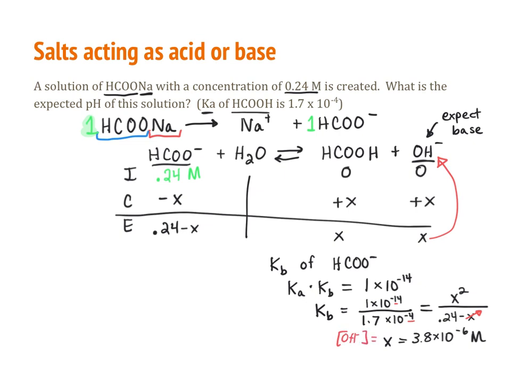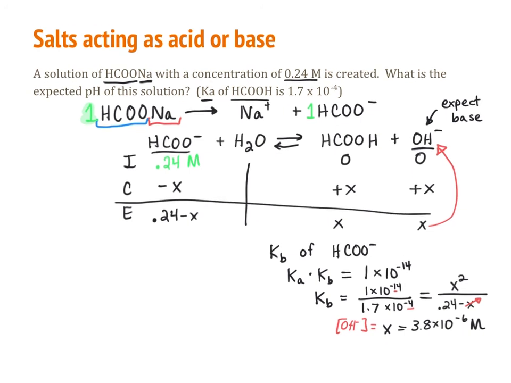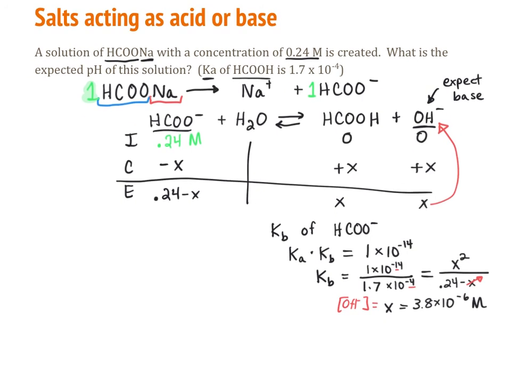And so I can get to the pH in a couple of different ways. I decided to figure out the pOH as negative log of this number, which is 5.4, and that makes sense.